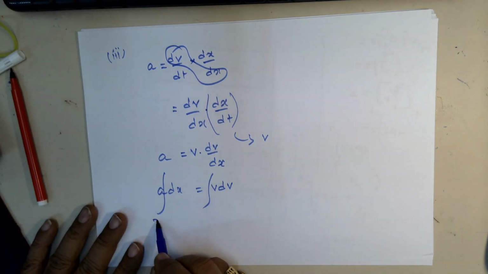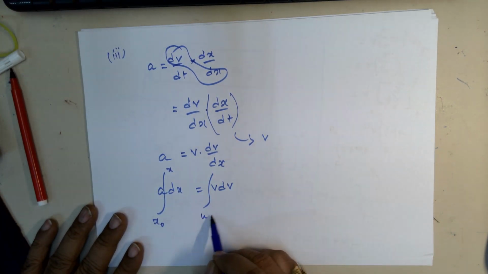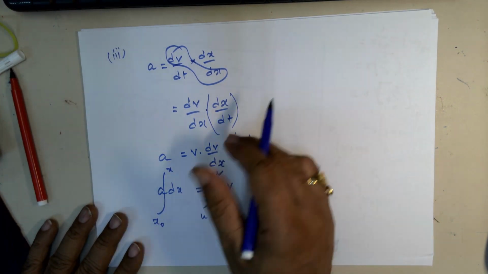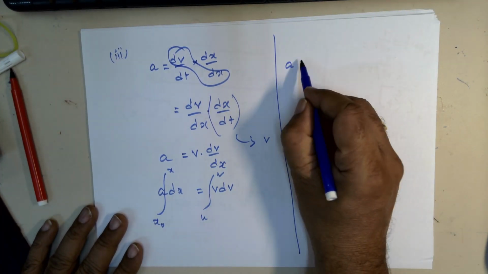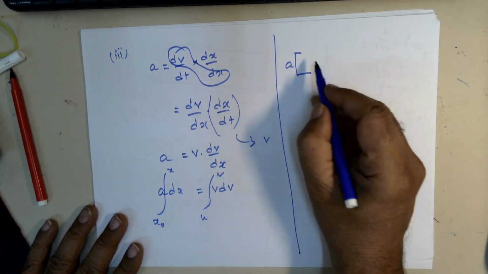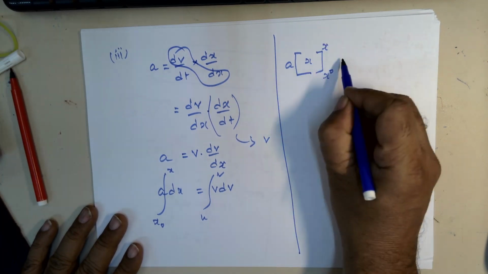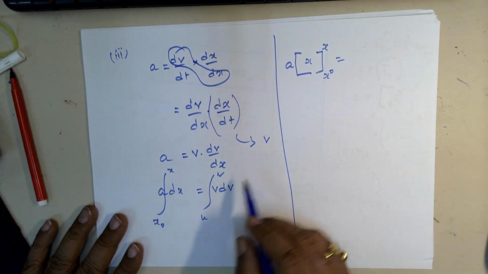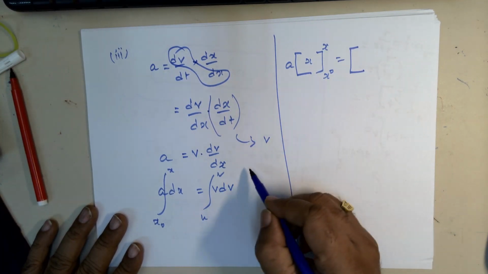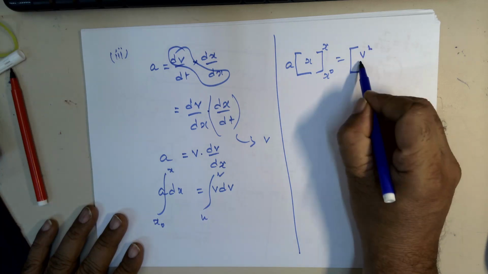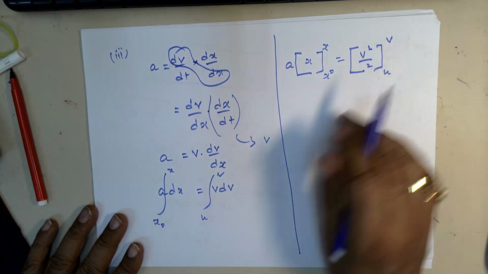So here x0 to x, right? What about this? u to v. Initial minus final, right? Therefore, a into what about this? This becomes x between the limits x naught and x. And this is the integral between the limits of v dv, which means v squared divided by 2, between u and v.